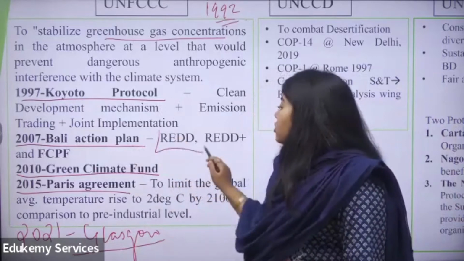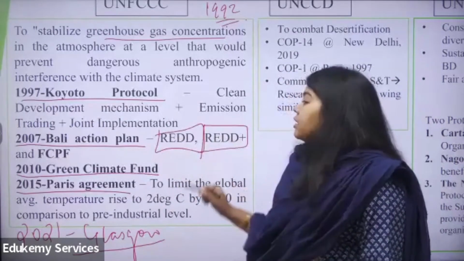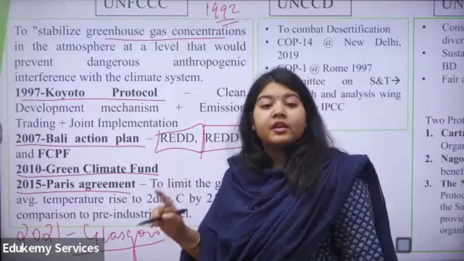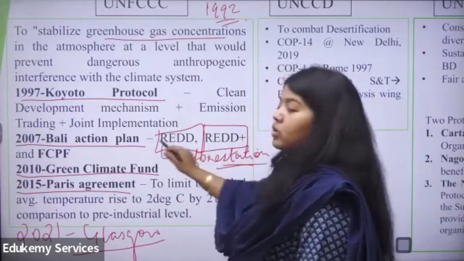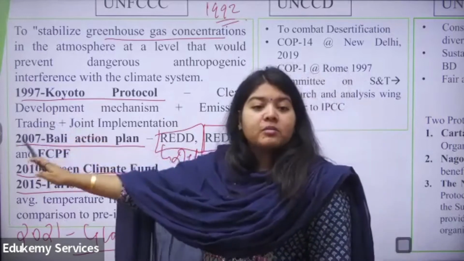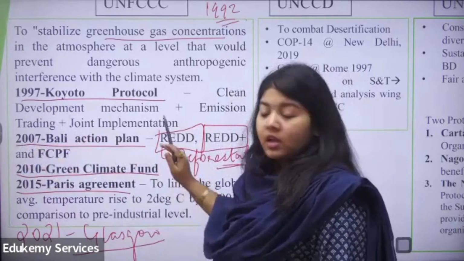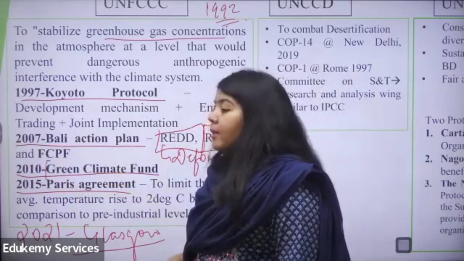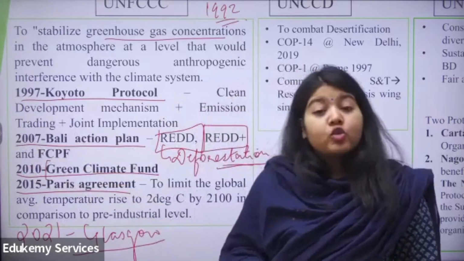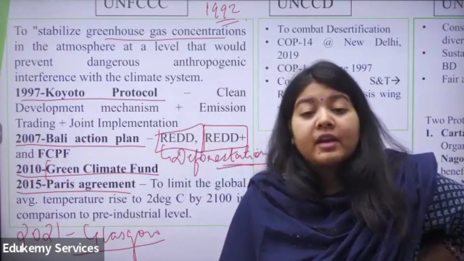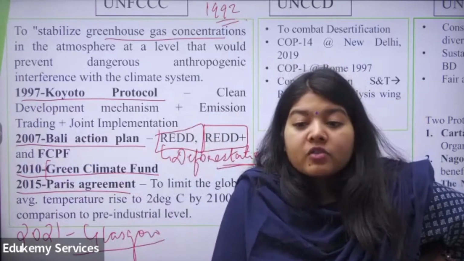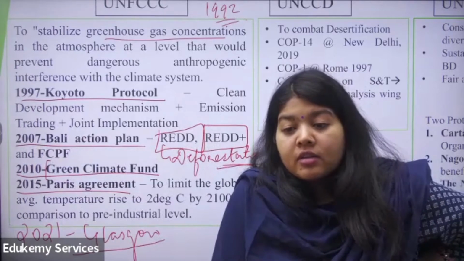The Bali Action Plan talks about REDD and REDD plus. This is related to deforestation. So the Bali Action Plan is related to deforestation. 2010 Green Climate Fund. Did I tell you that in 2009, yesterday I would have mentioned, it was decided that the developed countries will give $100 billion every year?